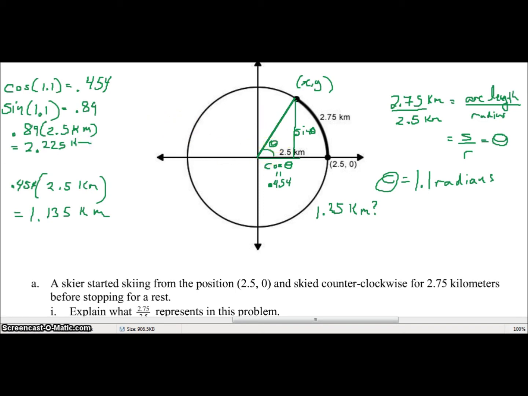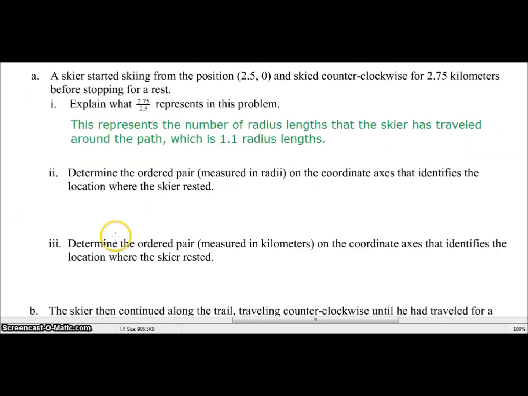So let's look back at the question and see what we're even asked. Determine the ordered pair measured in radii on the coordinate axes that identifies the location where the skier rested. So notice it says measured in radii.